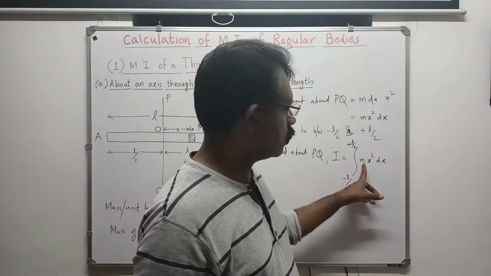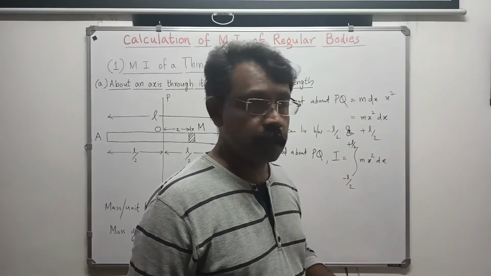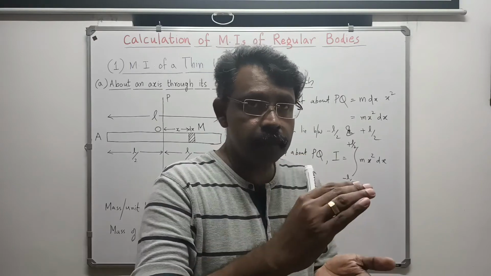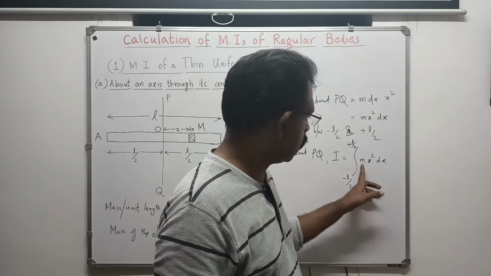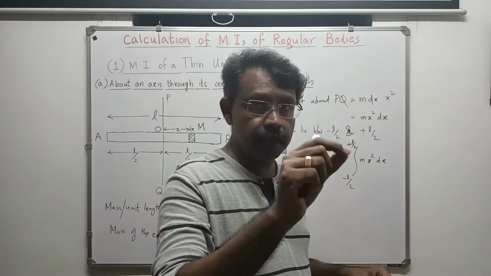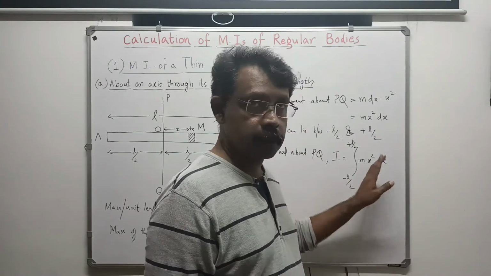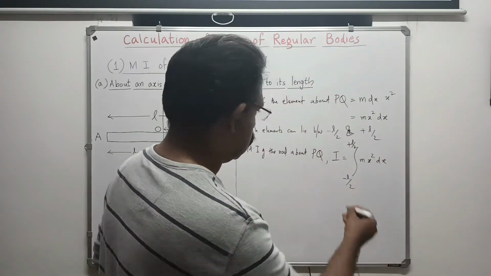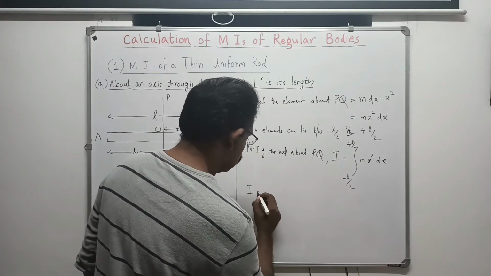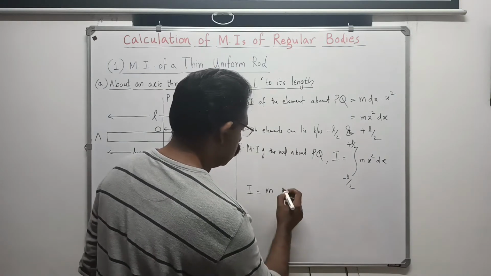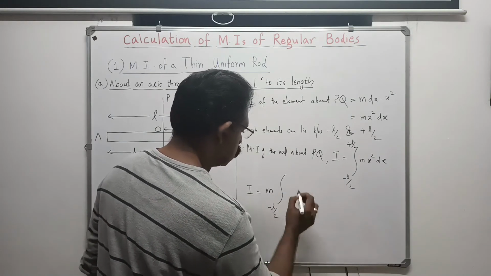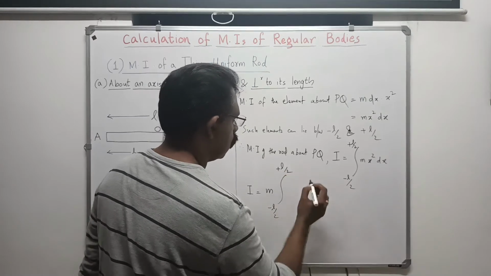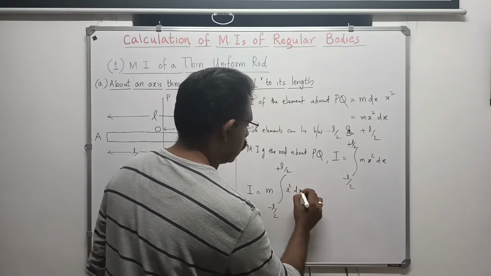Because m is mass per unit length of the rod. Mass of the rod is a constant, length of the rod is a constant. So this m, which is capital M divided by L, is a constant. It can be taken outside the integral. So I can write I equals m into the integral from minus L by 2 to plus L by 2 of x squared dx.